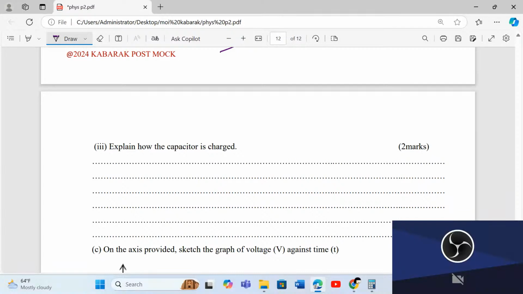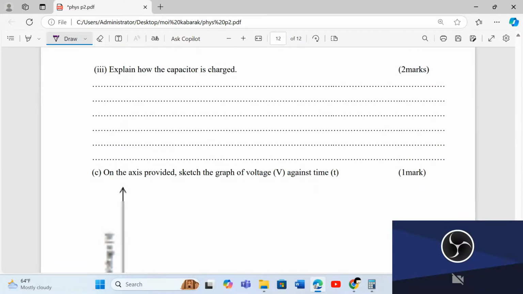Explain how a capacitor is charged. This will be a narration. Therefore, we just go straight to the narration.